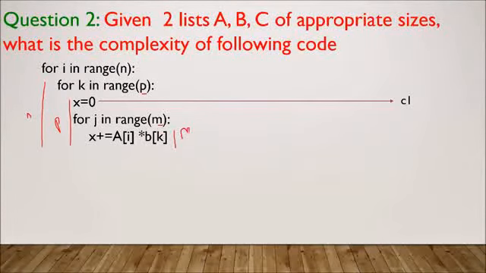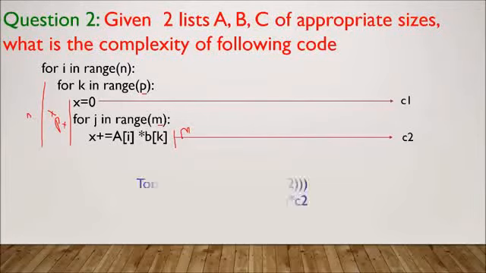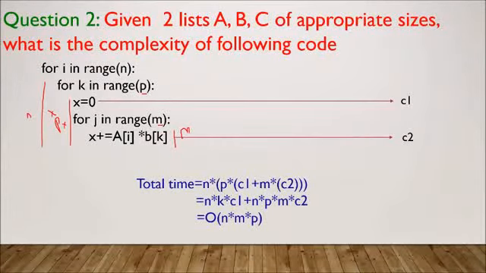Suppose the statement takes constant time C2. So finally, when we calculate, n is multiplied by p, multiplied by m. So the time will be n times p times m. This will be the efficiency of this program.